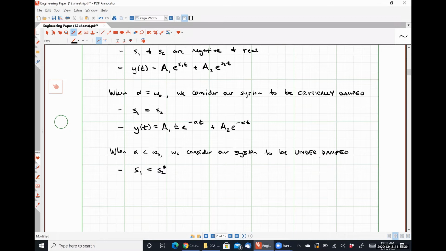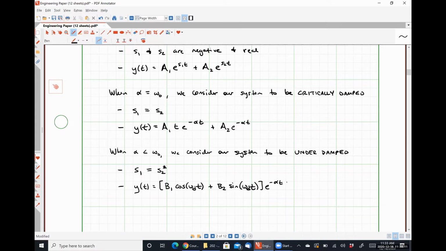So if we apply Euler's identity, which says that e to the alpha t is equal to sine alpha t plus j sine alpha t, we wind up getting the following expression: B1 cosine omega d t plus B2 sine omega d t, times e to the minus alpha t.